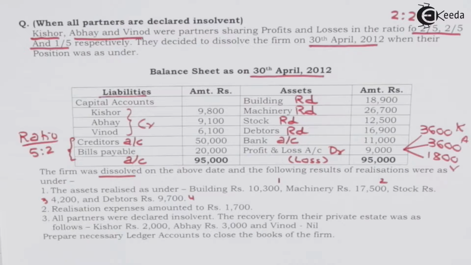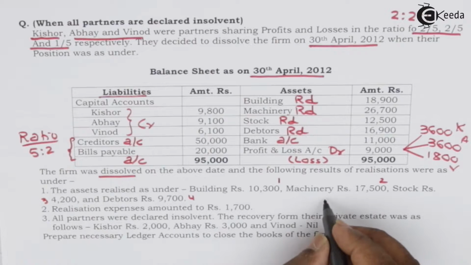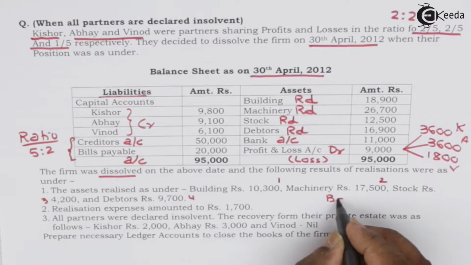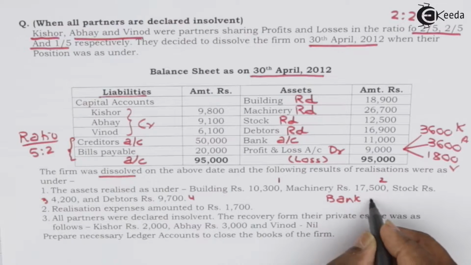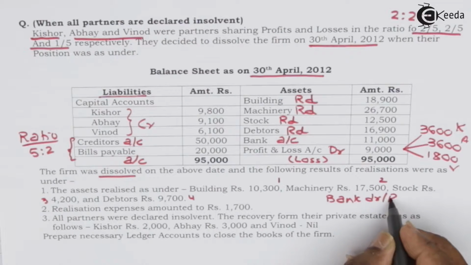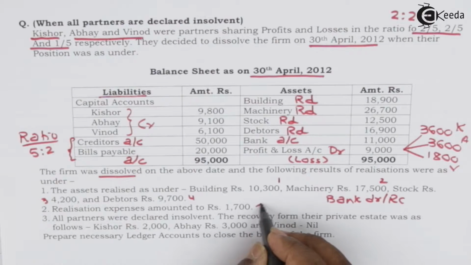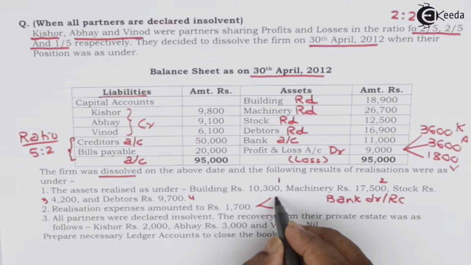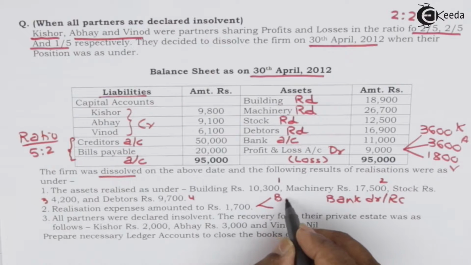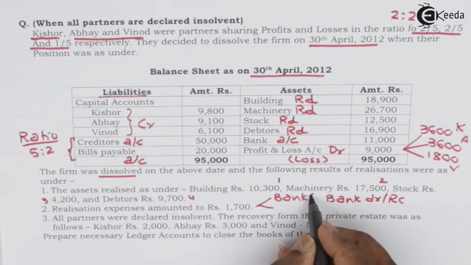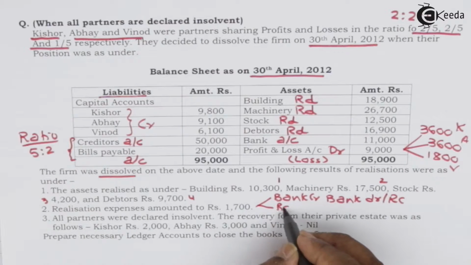Four assets are sold, cash will be received, so cash bank account will be debited and realization account will be credited. Realization expenses amounted to 1,700. Bank account credit, realization account debit.